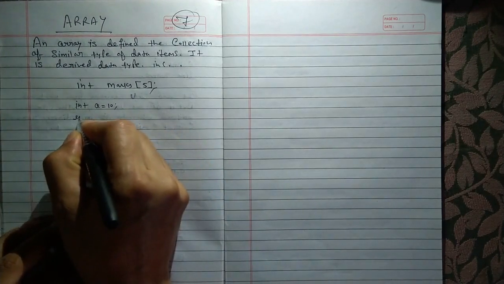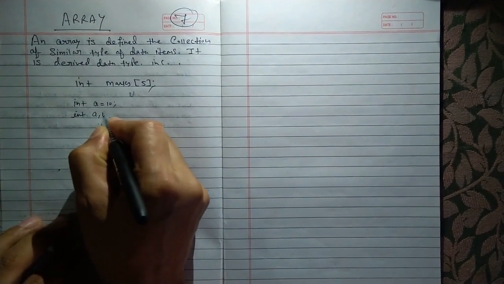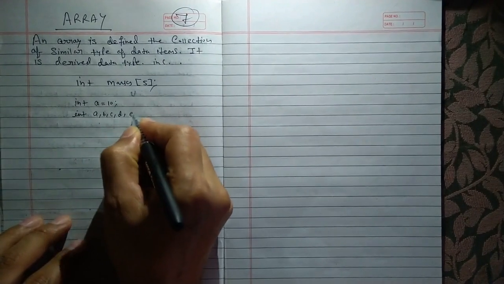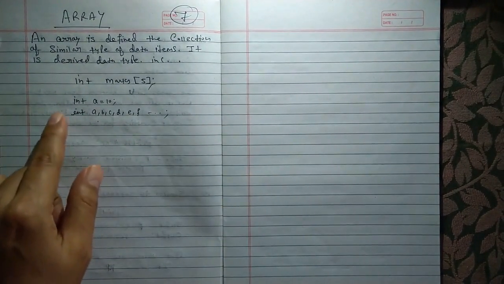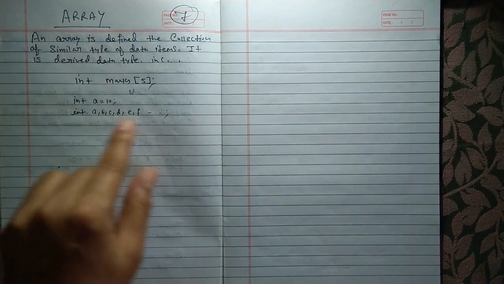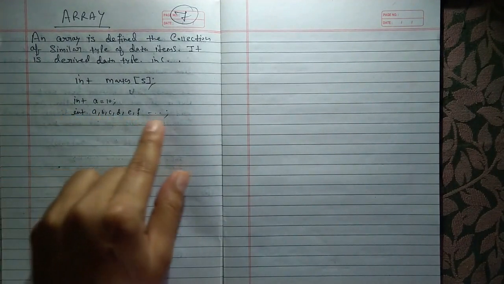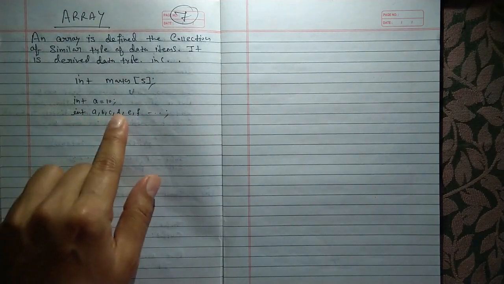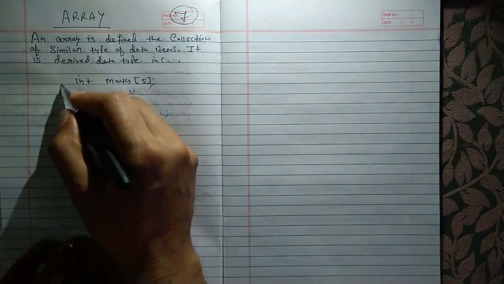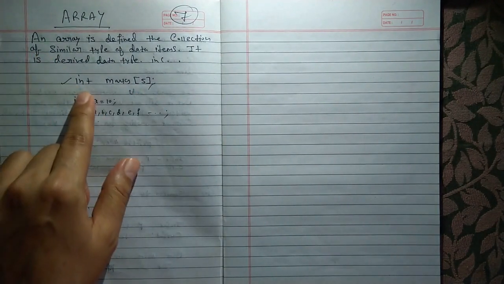Suppose you have to enter many numbers: int a, b, c, d, e, f, and so on. If you write such things in your code, that is nonsense. It will take more time and more space. So to reduce the time and space, we use an array.